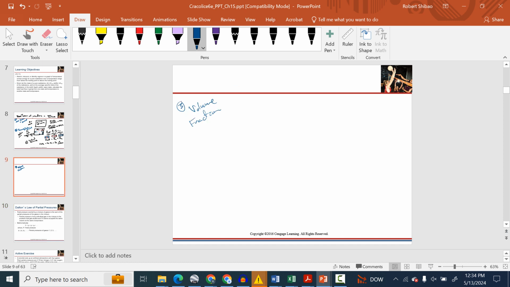The other way of looking at this is via volume fraction or percent. I'm going to take that exact same mixture. We're going to take 1 atmosphere of air in a 1 liter box. And that 1 liter of air is going to contain mostly nitrogen, 80% nitrogen, and about 20% oxygen.